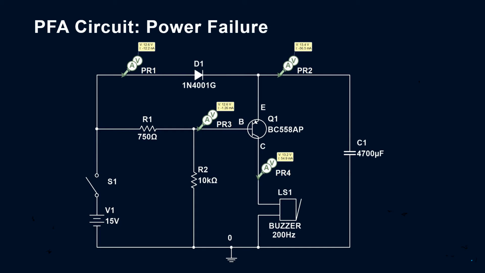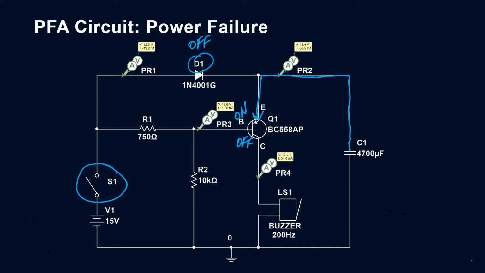Here's our circuit in power failure. We've opened the switch to indicate just that. The voltage at the back of D1 will be effectively 0, so D1 is off, and there's no voltage flowing through there. And the capacitor, which was fully charged when the circuit was charged, will start to discharge back towards the emitter, and the voltage between the emitter and the base will indeed be 0.75 volts, which will allow this diode to be on.